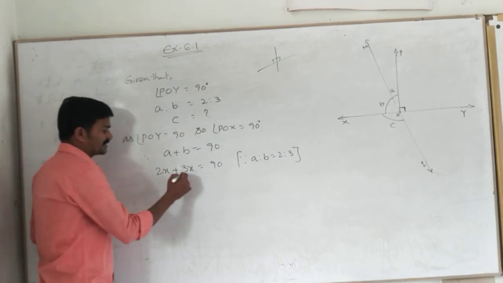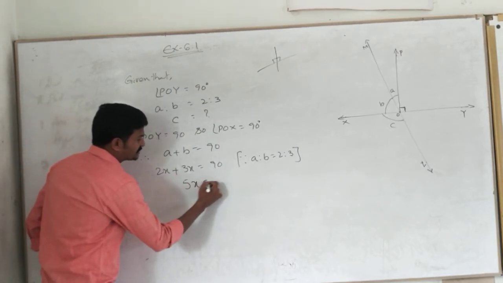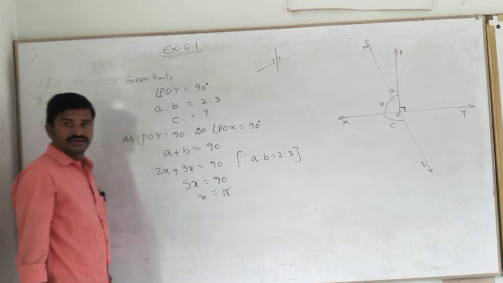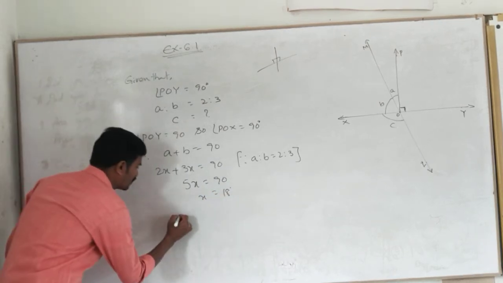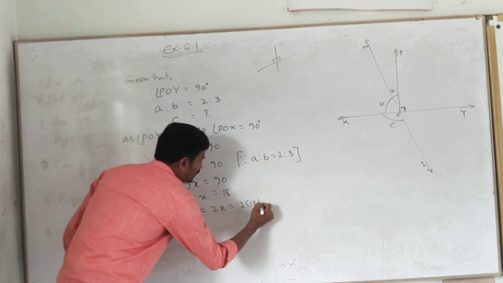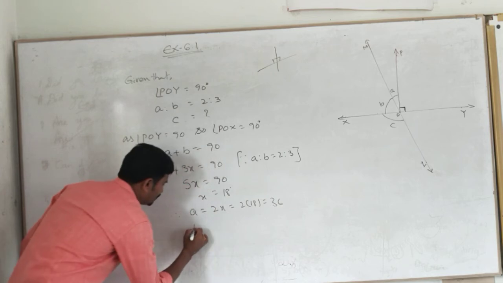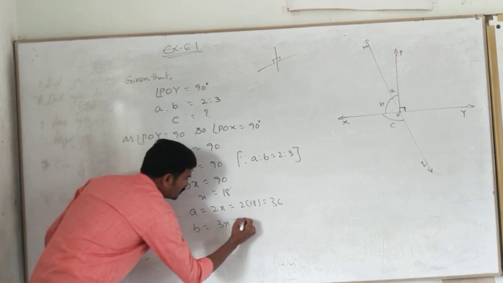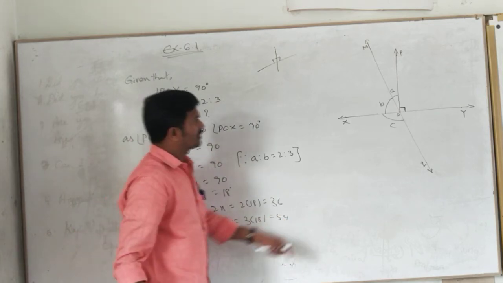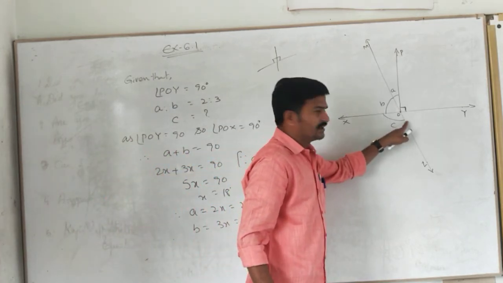So 2x plus 3x is 5x. 5x equals 90, then x equals 18. Therefore A equals 2 into 18, which is 36. B equals 3 into 18, which is 54. But you were asked to find C.